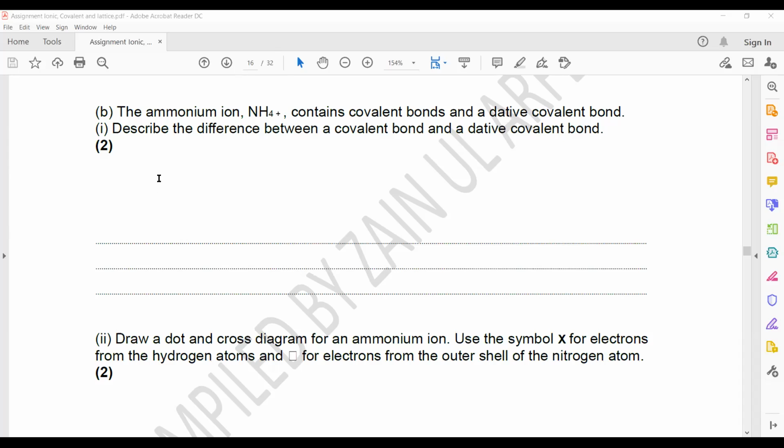So in a simple covalent bond, the bonding electrons come from both atoms, whereas in a dative bond, the bonding electrons come from one atom only.